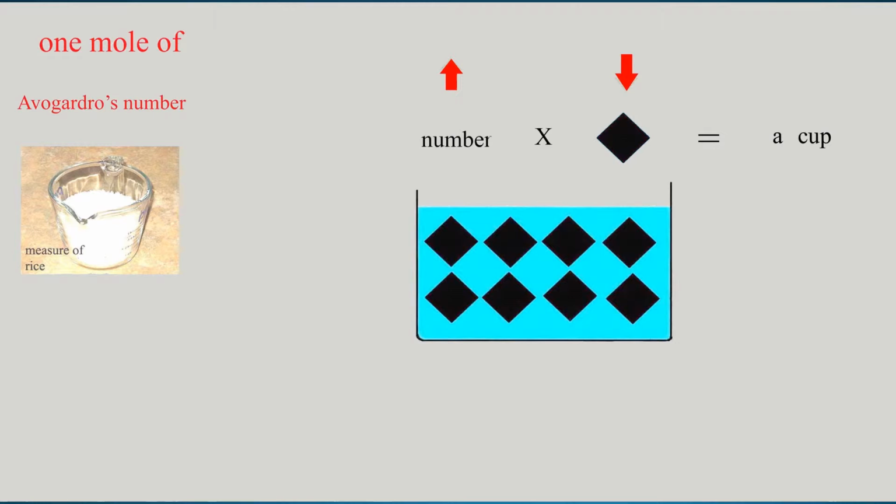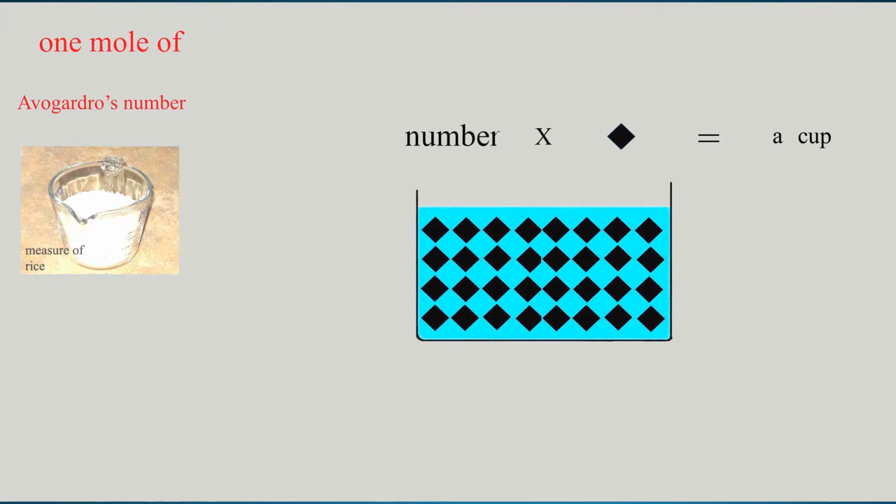Whenever the cup is the same size, if the number goes bigger, the particle will go smaller. You don't believe? I'll show you. Now the particle goes smaller and the number goes bigger.